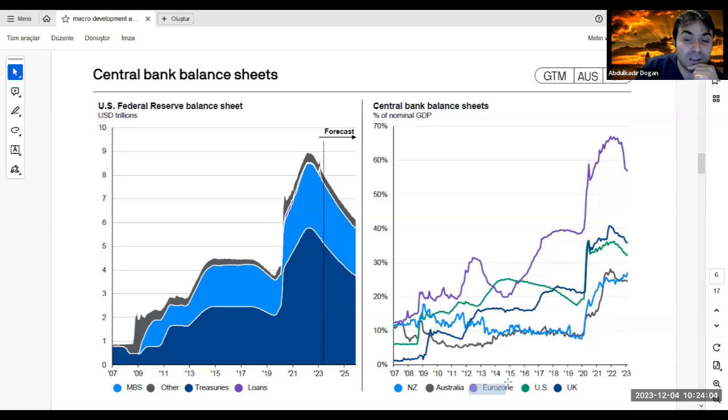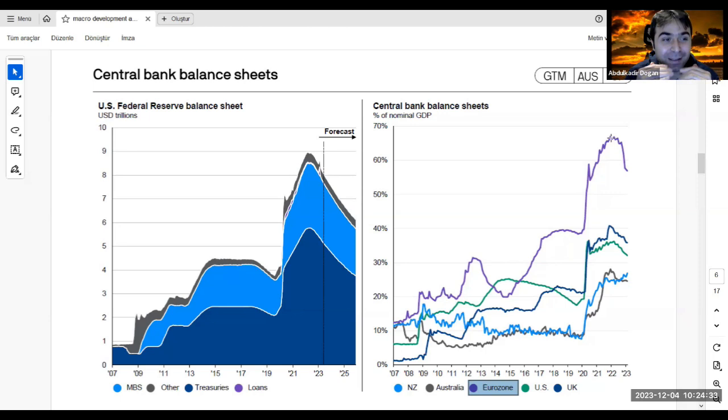As you see here, the Eurozone central bank balance sheet reached approximately 70% of their GDP. This is a huge amount of money, meaning that you are giving cheaper liquidity to the market, approximately 70% of your gross domestic product.